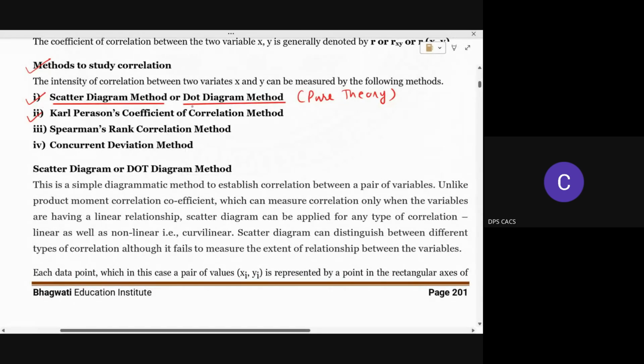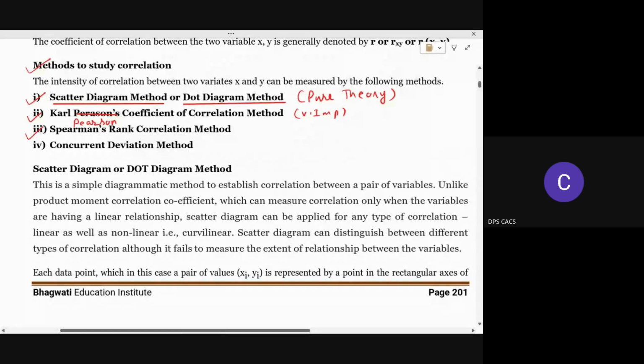Number 2, which is the most important one, very important. Carl Pearson. Hey, it is Pearson, not Pearson. Please correct it. It is Carl Pearson's coefficient of correlation.